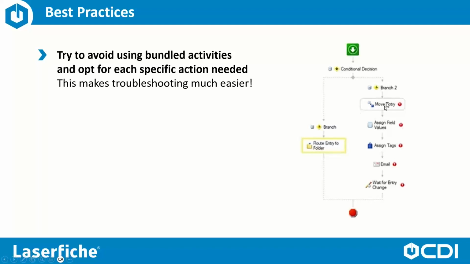Whereas if you build out each item individually, it's going to give you that error, circle around what's wrong, so that you don't have to go back and forth trying to figure out, was it assigning the field values? Was it where I told it to move it? It's going to give you a more definitive answer. And I'm not saying you can't use the bundled activities, but in some scenarios, and especially as you're learning the system, definitely consider breaking it out as you go along.